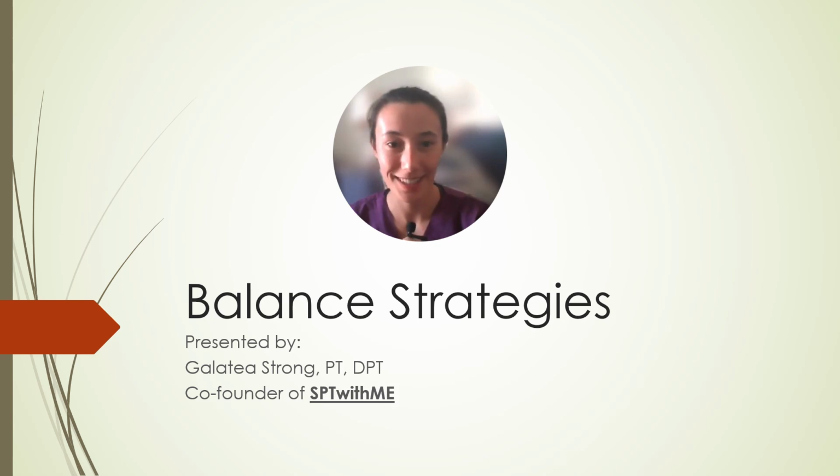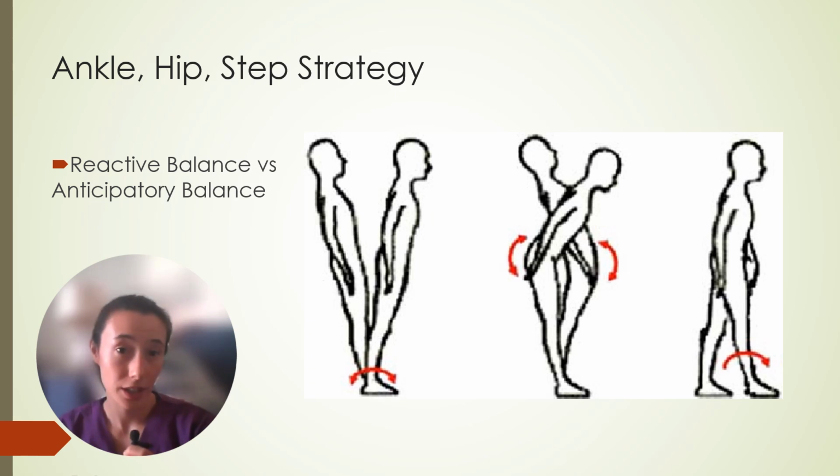Now onto what you're actually here for, let's talk about balance strategies. Within this video, the balance strategy that we'll be talking about is specific to reactive balance strategy. So recall the difference between reactive balance and anticipatory balance. Anticipatory balance is like you're being thrown a basketball and you intentionally have to activate certain muscles to be able to go and grab it exactly where it's being thrown.